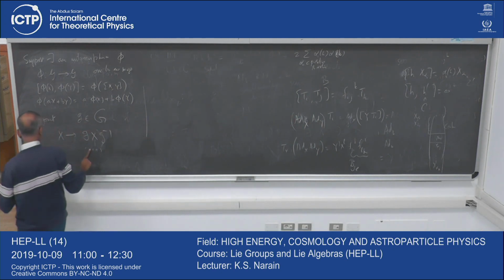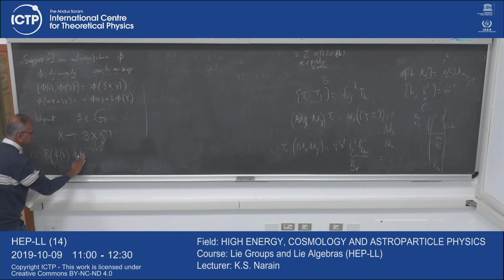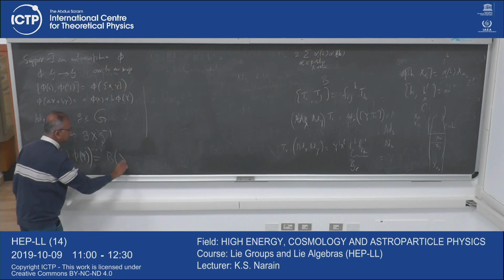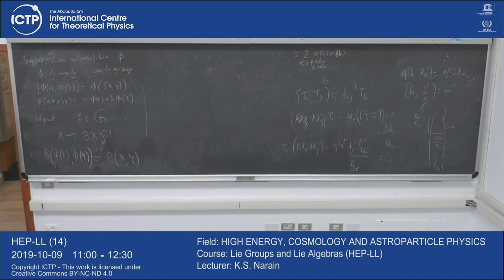What we want to prove is that b of phi x with phi y, for any x and y, is the same as b of xy. That's what you would want. Of course it's not necessary, but if you can find such a metric, it is nicer, because it preserves the symmetries.